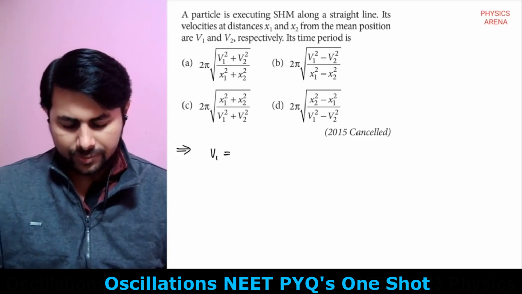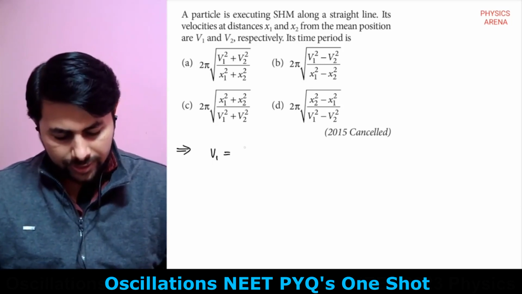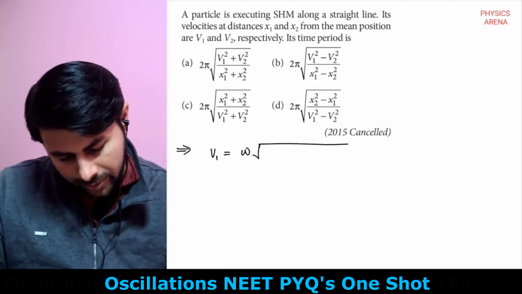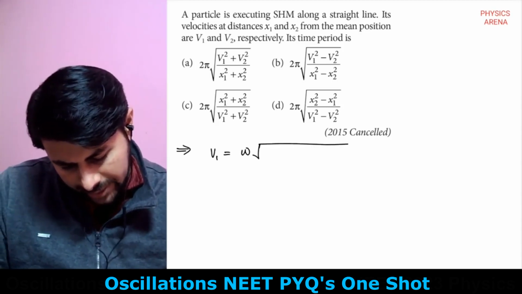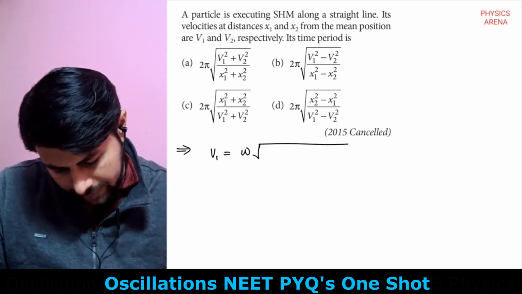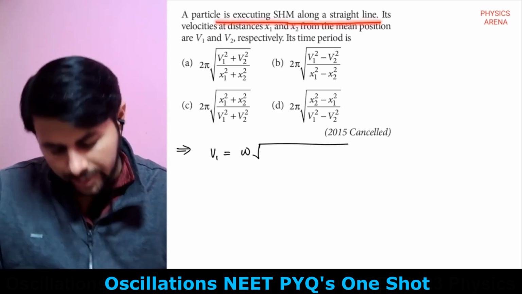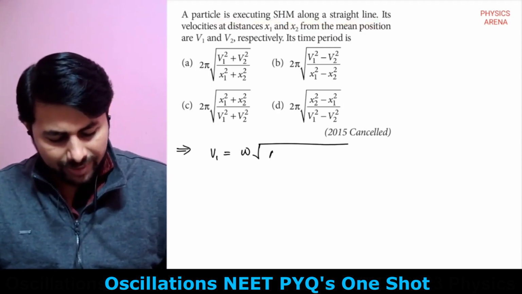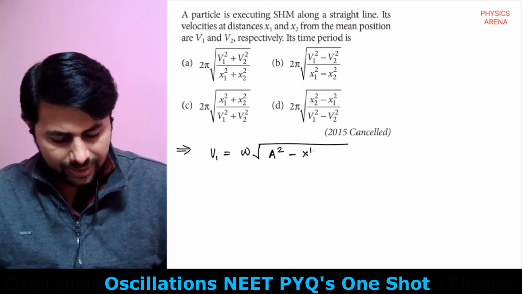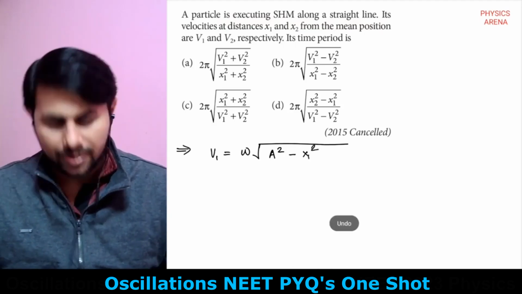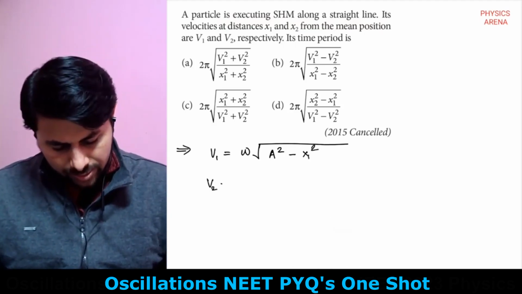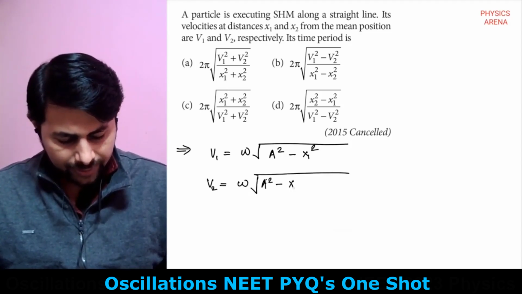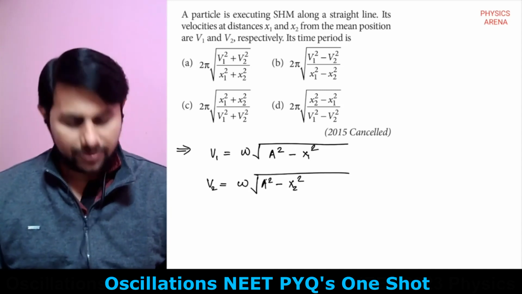What will be v1? It is omega multiplied by square root of, is their amplitude same? Yes, it's the same particle only. So it's omega multiplied by square root of a square minus x1 square. Okay, v2 is omega multiplied by square root of a square minus x2 square.